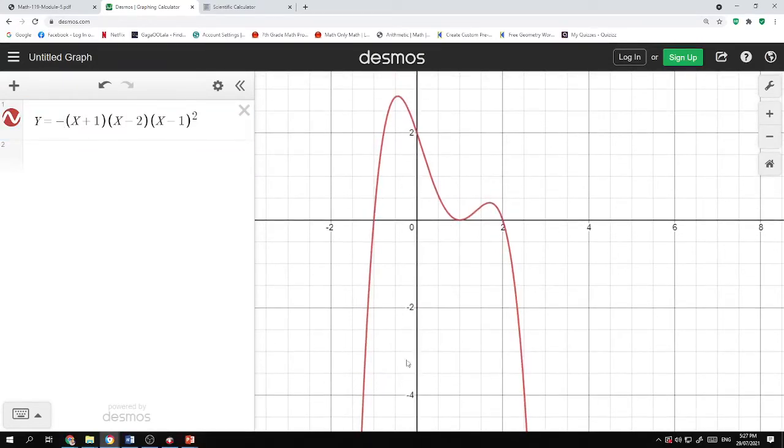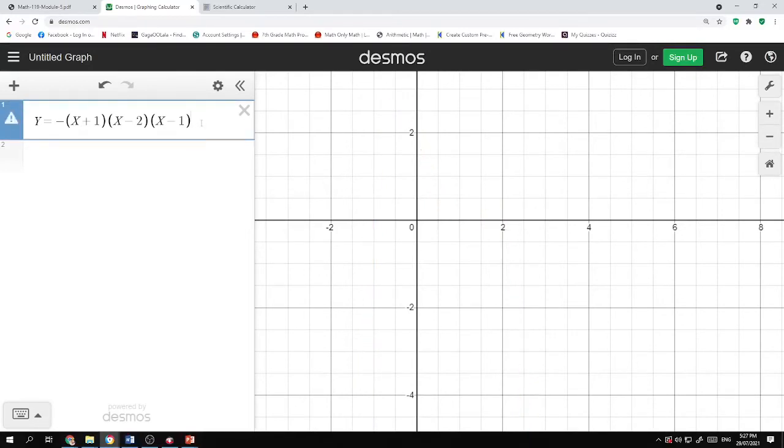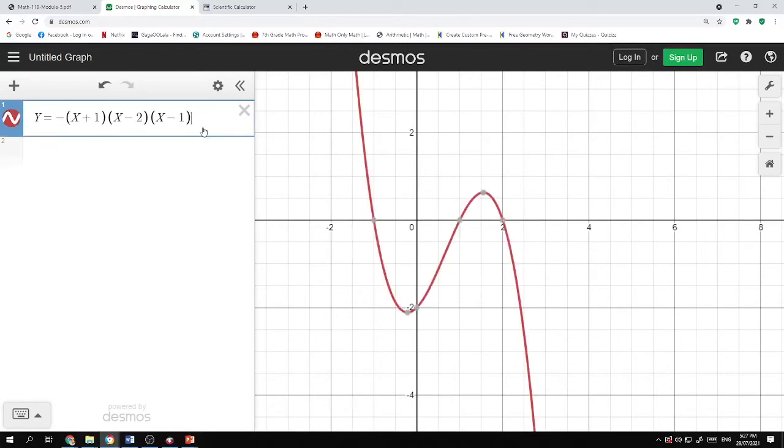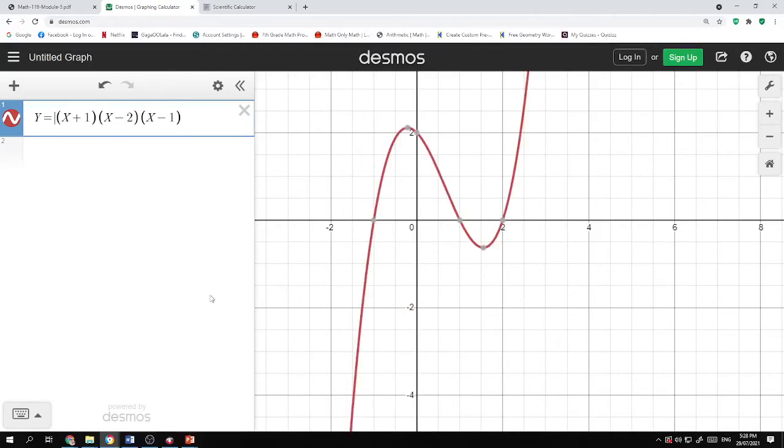Unsay end behavior nato karon? Class, what is the end behavior? Down, down. Okay? What if I'm gonna change this? I'll delete the 2. What is the end behavior now? Up, down. I'm gonna remove the negative sign. What's the end behavior?